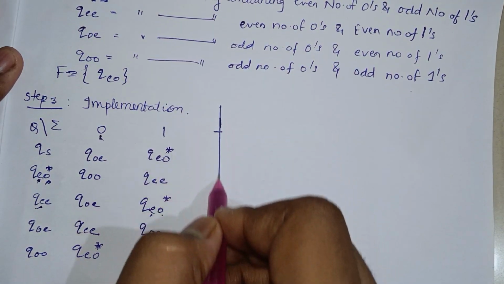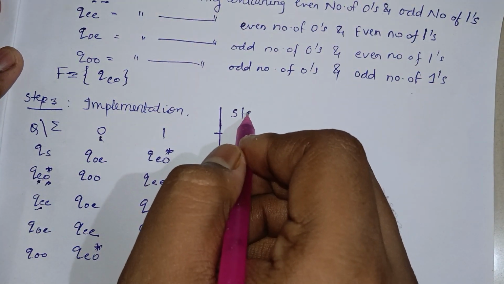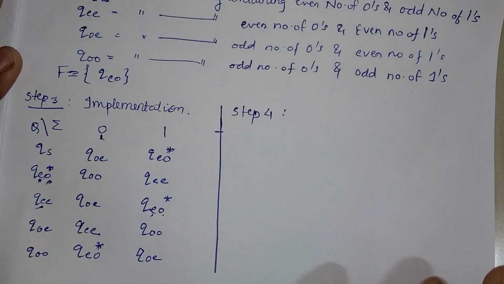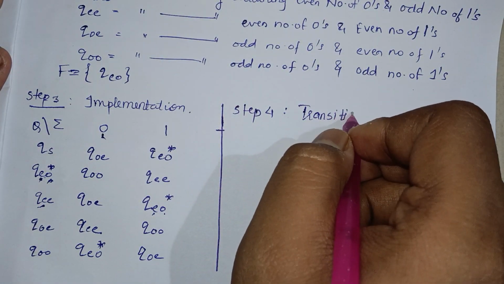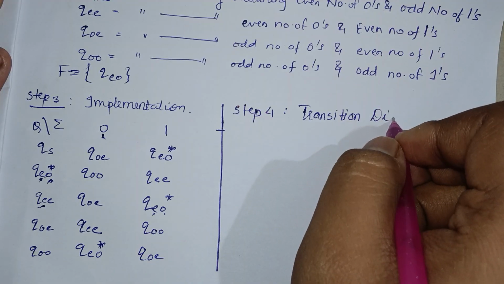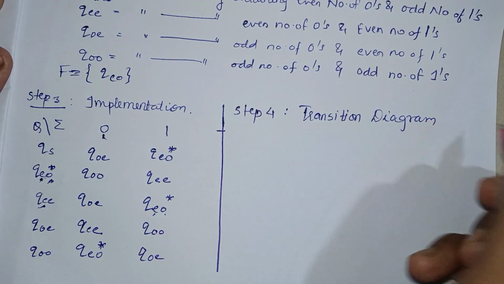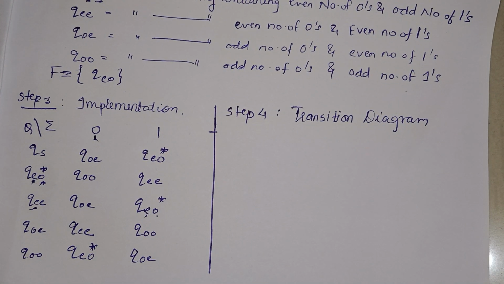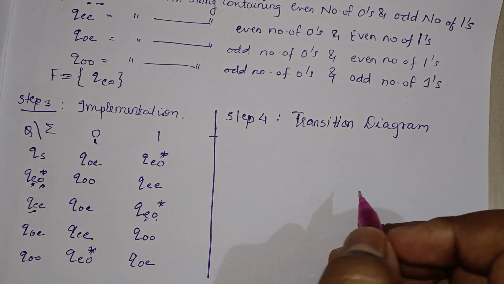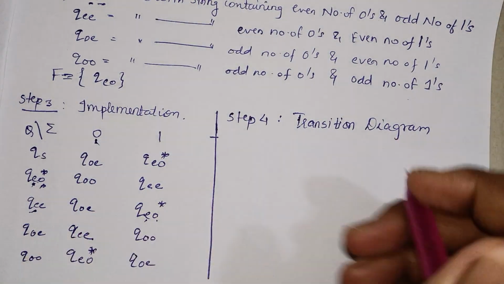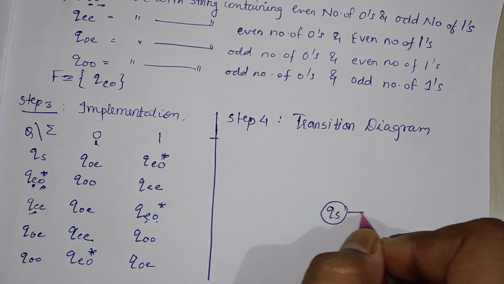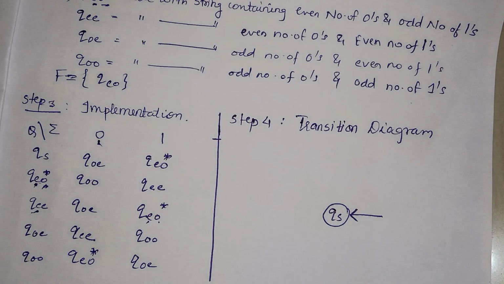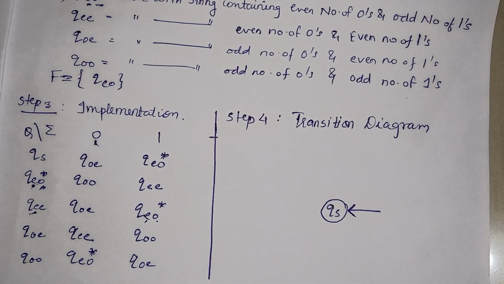I am making the transition diagram here only. Step 4, transition diagram. Now see, QS is our starting state. Since there are 4 states, I am drawing QS here. It is a starting state, and I am marking it with a star.